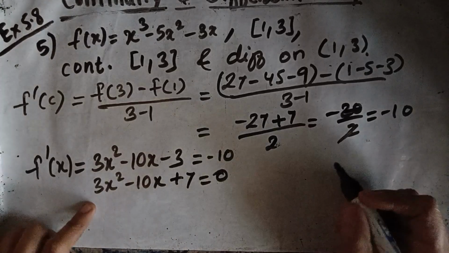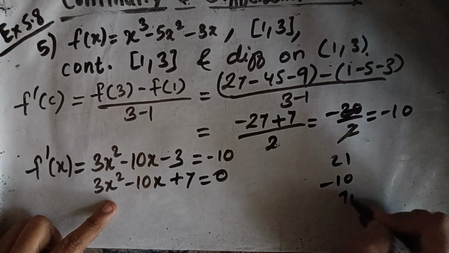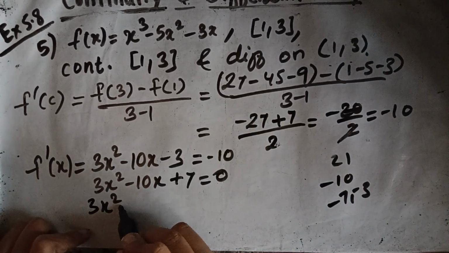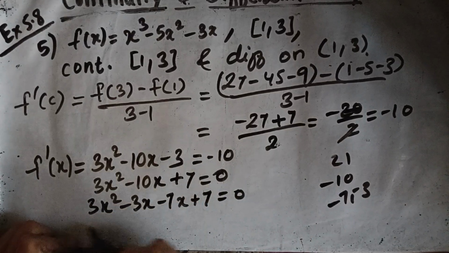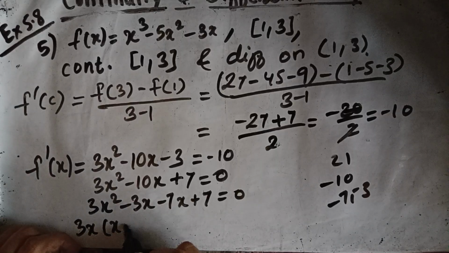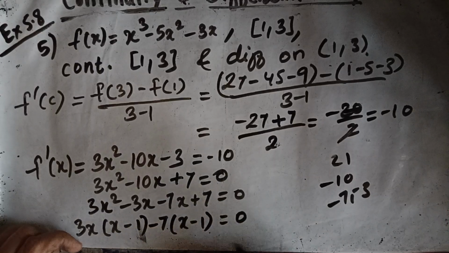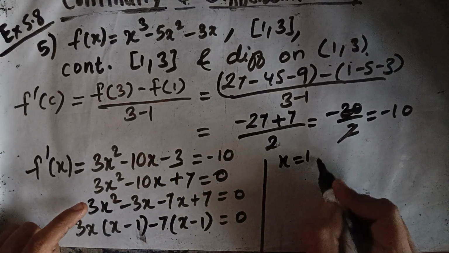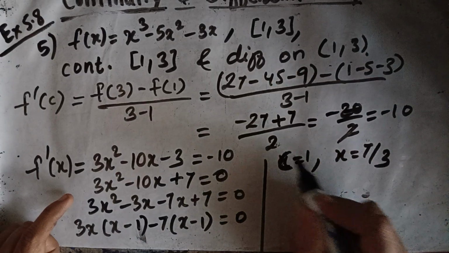This will be 21 and minus 10. So 7 3s are 21. Okay, minus 3 and minus 7. So x is equal to 1 and x is equal to 7 by 3. That is, these are our c values.